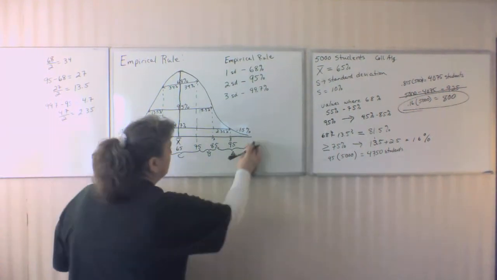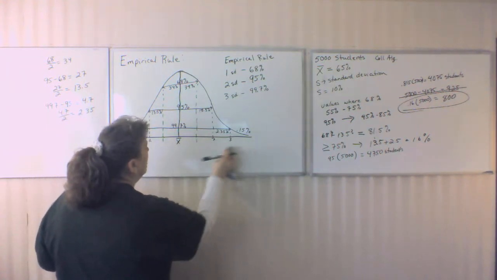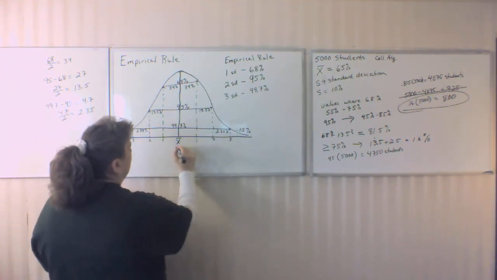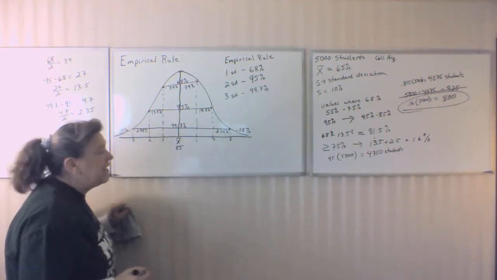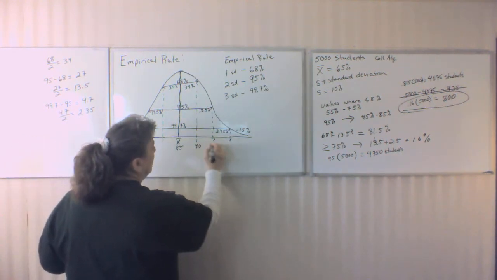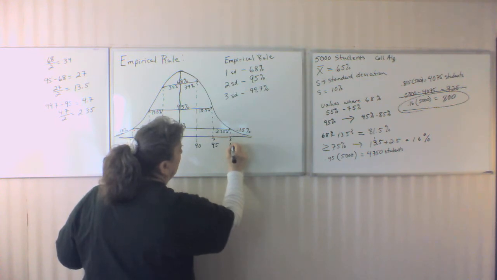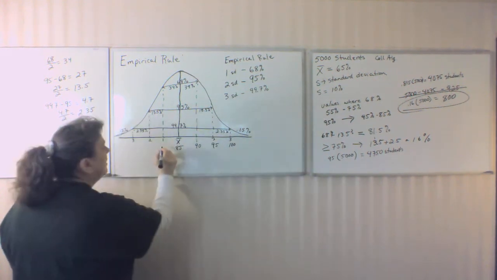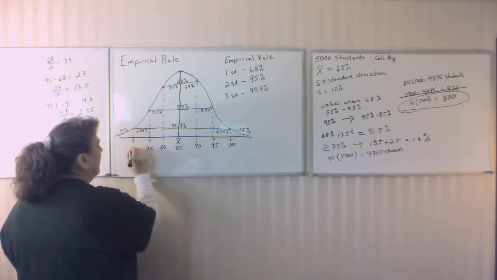Usually what happens is you end up with a mean of 85. And how about a standard deviation of 5? So this would be 90, 95, and 100. Down here you would have 80, 75, and 65.